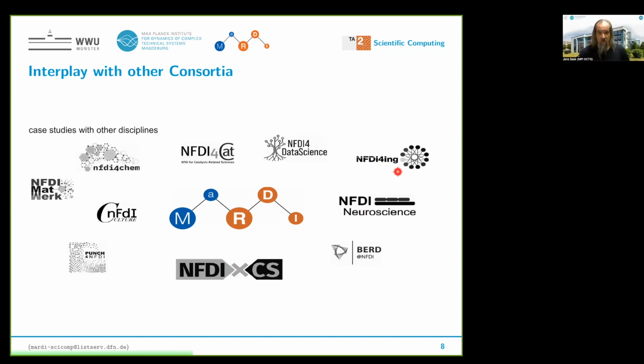There's data science, there are the engineering sciences, materials, computer science, economics, catalysis and chemistry, but also, probably more unexpected in the first place, the NFDI for culture is represented as one of the direct neighbors in all these 27 consortia in total.